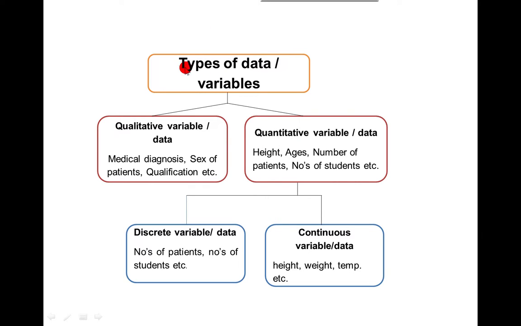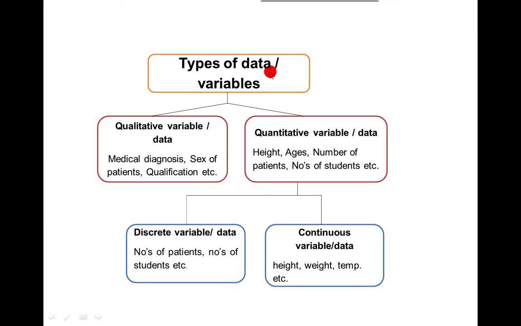So types of variable and data are very important definitions. After collection of the data, of any type of variable, according to the definition, we convert the collected data into groups, which is called organization. If you organize the data into groups or classes, this is called classification of the data. It is the next step in the definition of statistics.